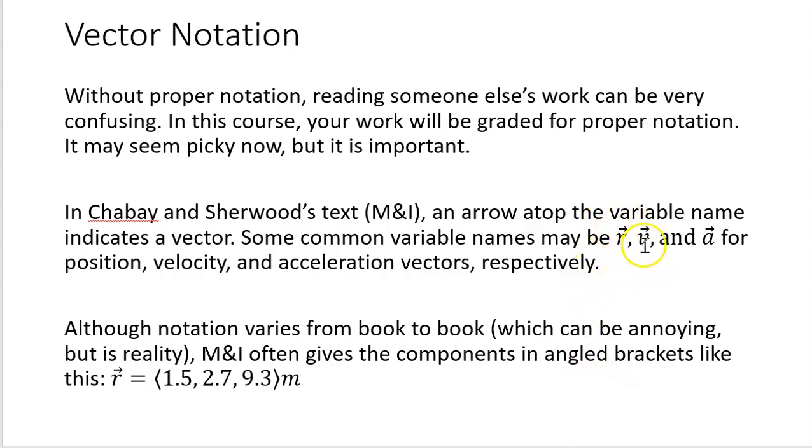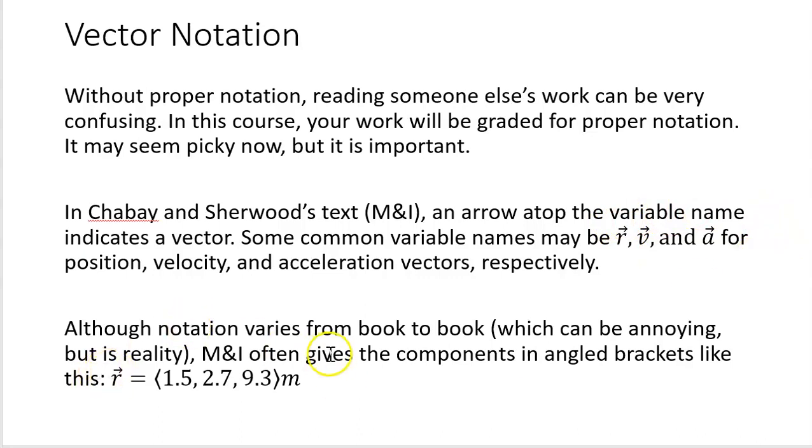It might be r with an arrow, v with an arrow, and a with an arrow for position, velocity, and acceleration vectors respectively. So that's some common notation. Sometimes other textbooks might use bold font and things like that, but since it's almost impossible to use bold font on a homework paper, use the arrows, okay? So for your homework, I want you to indicate a vector with an arrow on top of it. If you don't do that, of course, you might lose a point or so.